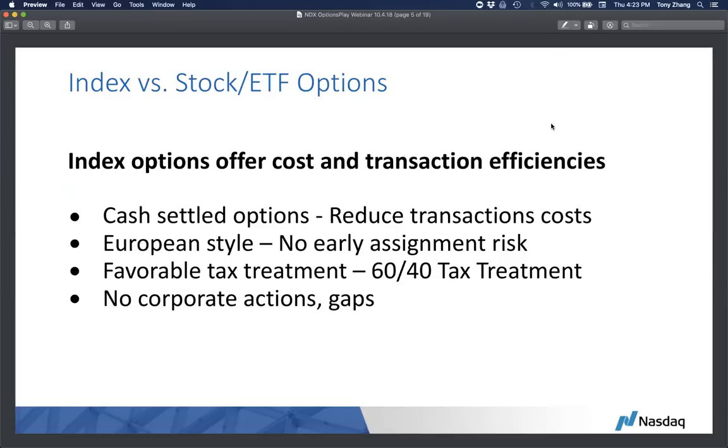But I think, in my opinion, probably one of the most interesting benefits of trading index options versus stock and ETF options is the favorable tax treatment.